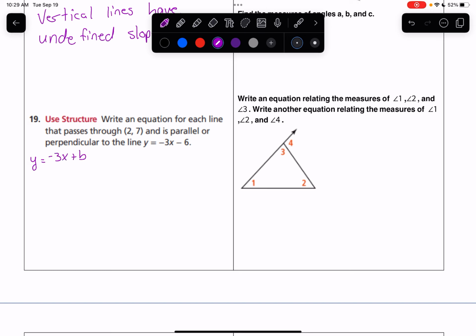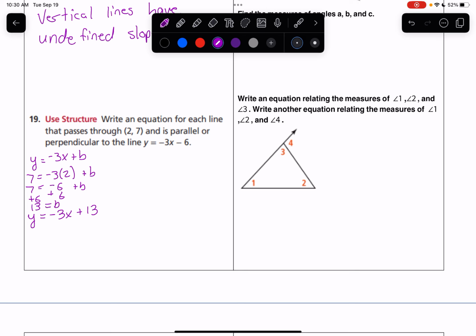We can put in the coordinate points: 7 equals -3 times 2 plus b. So 7 equals -6 plus b, add 6, and we get y equals -3x plus 13, since 7 plus 6 is 13, which is equal to b. So that's our first equation.